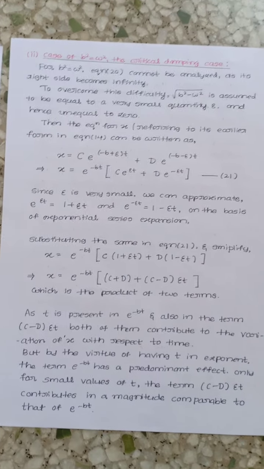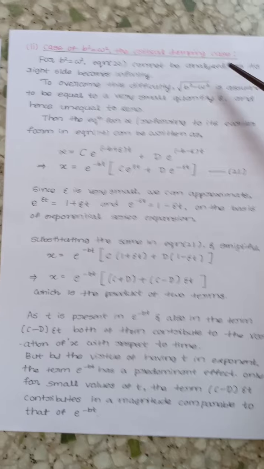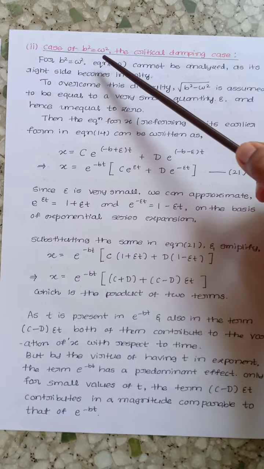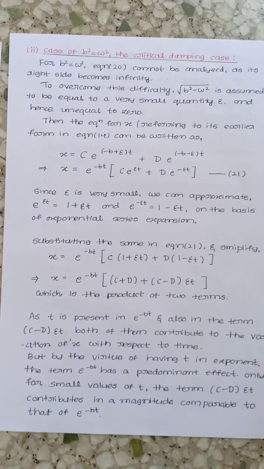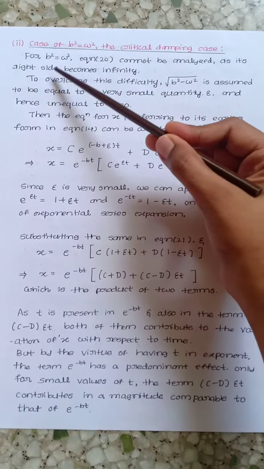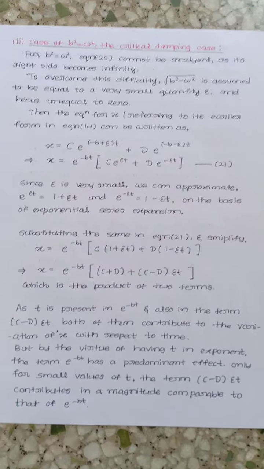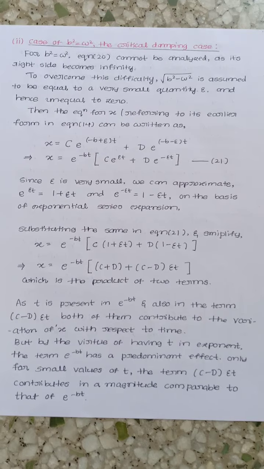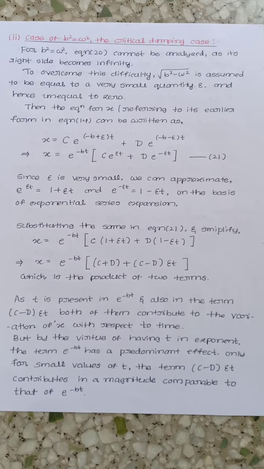Next is the case of critical damping. In that case, b square equals omega square. When b square equals omega square, equation 20 cannot be analyzed, as its right side becomes infinity.